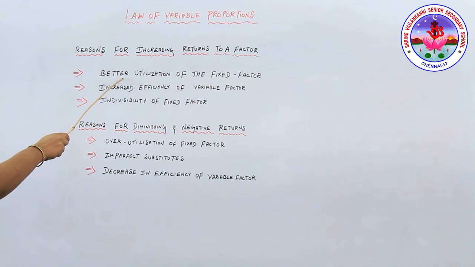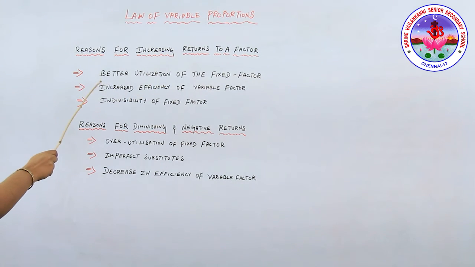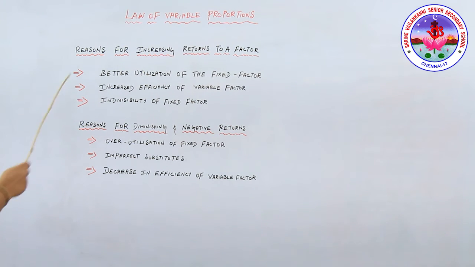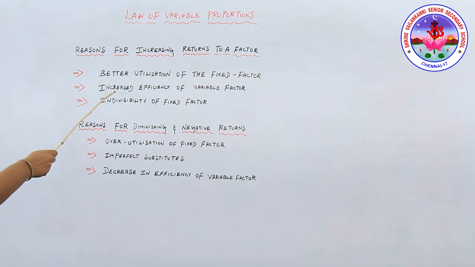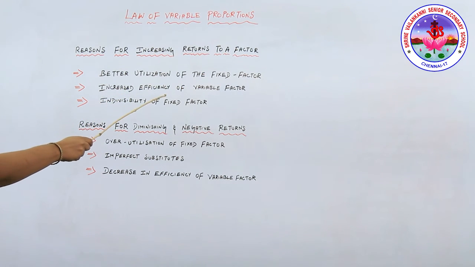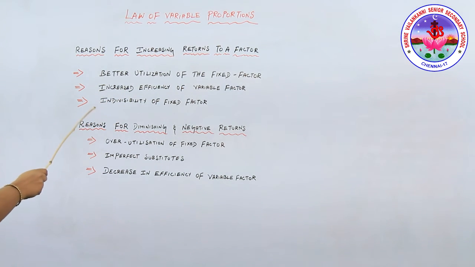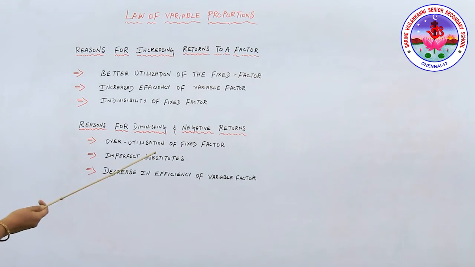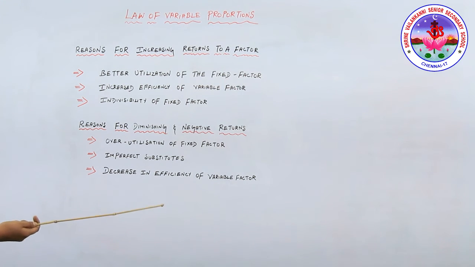See, the first one, better utilization of the fixed factor. When the quantity of the variable factor is increased, the unused fixed factor also starts being used, so this leads to an increase in the marginal product. Now the second one, increased efficiency of the variable factor: when the variable factor is increased, the ratio between the factors of production may become more technically efficient.